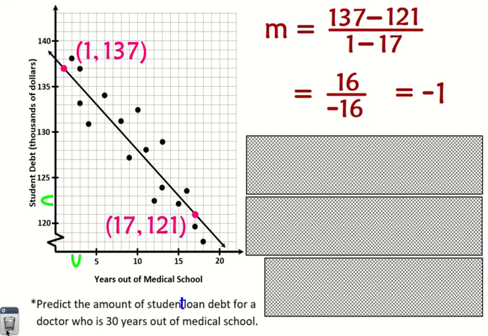Or in other words, because it's in thousands, it would really be negative 1,000, but whatever. So we're going to use that formula. And then, where do we go from there?